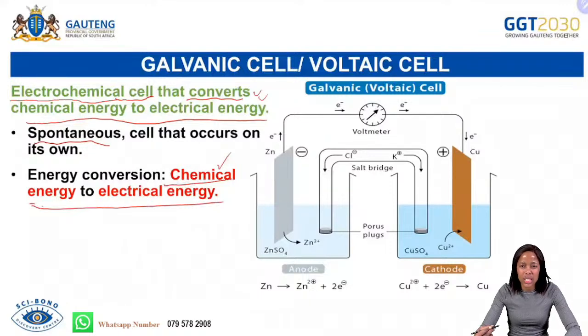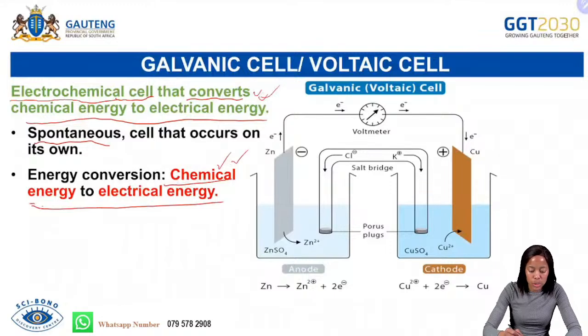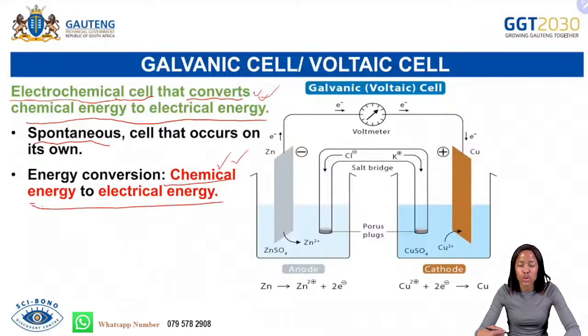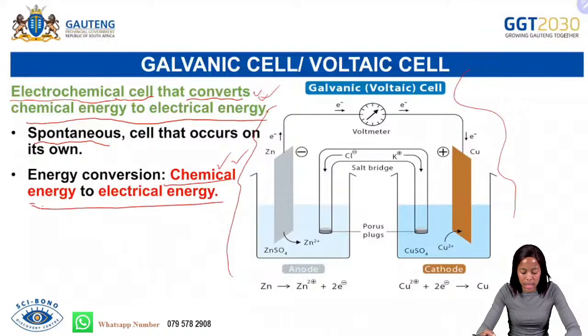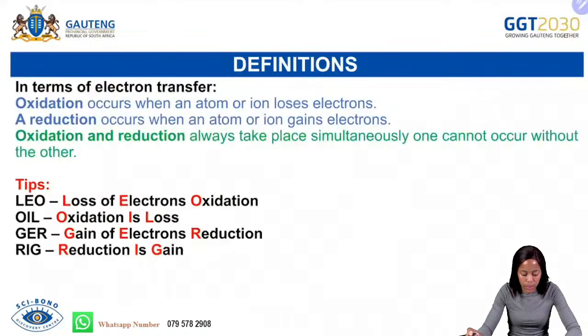So if you know the definition, it should be easy to answer. On this picture, we have our galvanic cell, but we will go into more detail. For now, we need to know the definition, that it's a spontaneous cell, and the energy conversion.